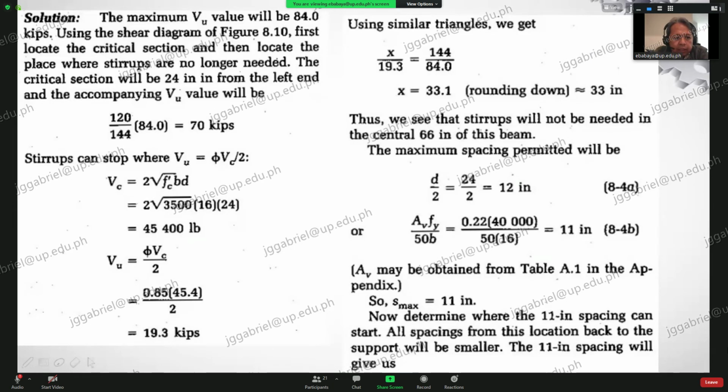There, that's where we got the 144. Let's do it here: x over 19.3 equals 144 over 84. So x is equal to 33.1.